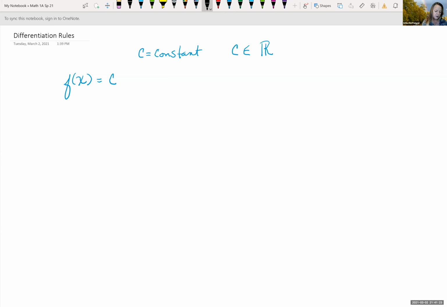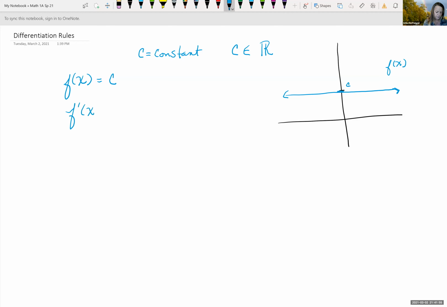Recall if we were looking at a graph of y equals a constant, that was just a horizontal line. So we would have some horizontal line here going through c. And if we wanted to find the slope anywhere on a horizontal line, well, the slope anywhere on a horizontal line is always 0. So if f of x is equal to a constant, then the derivative function is equal to 0.